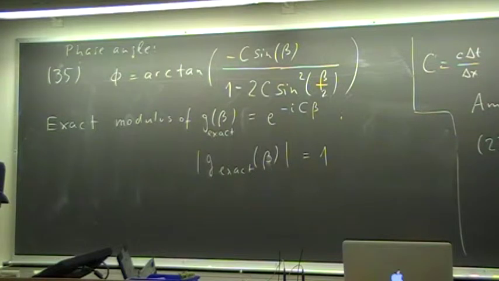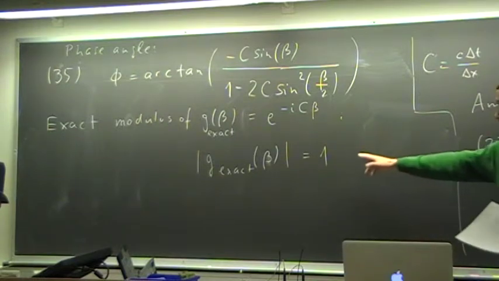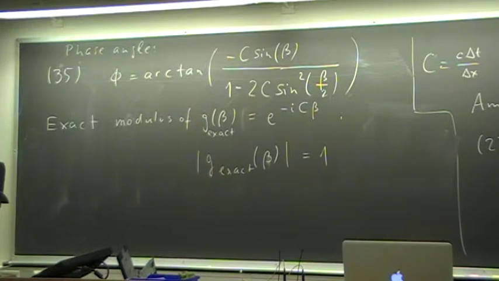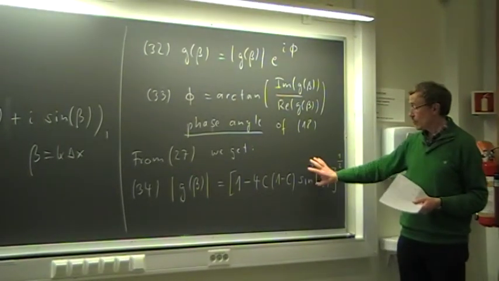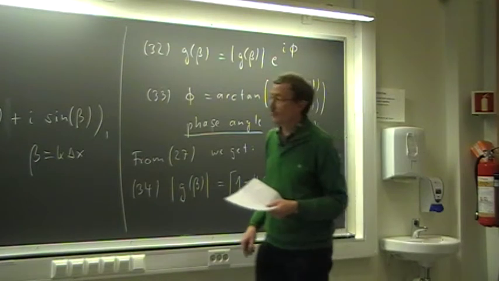Cosine squared plus sine squared is 1. So we can see that we definitely make an error when we use the explicit upwind method, because there we do not get 1, except for beta equal to 0. And this will be 0, and then we get 1.